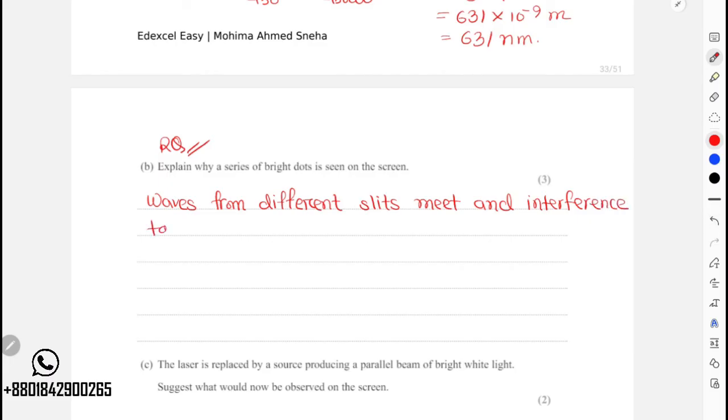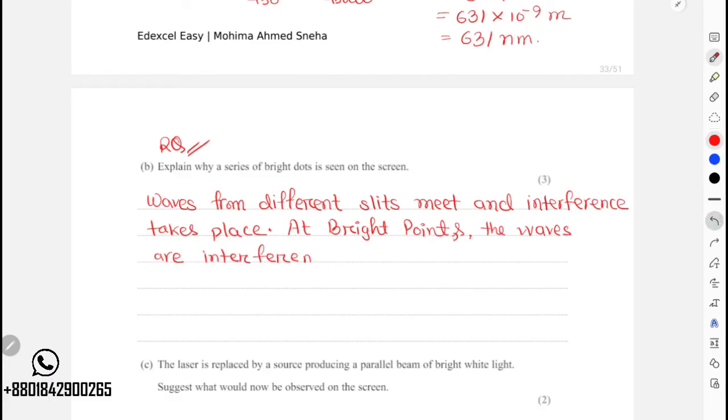Interference takes place at bright points.